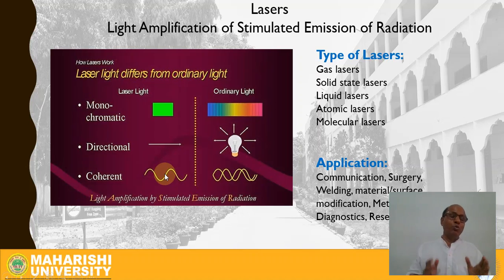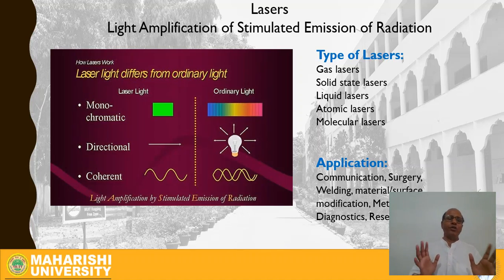That means two waves will have no phase difference or a fixed phase difference, whereas in ordinary light the two waves will have a variable phase difference, and they will interfere with each other, causing constructive and destructive interference, which you might have studied in optics in your BSc or even in 12th class.